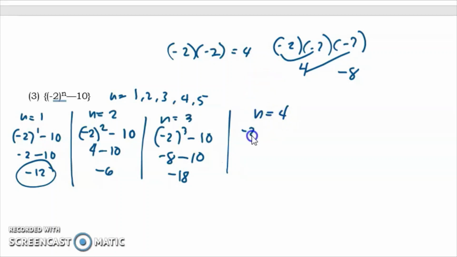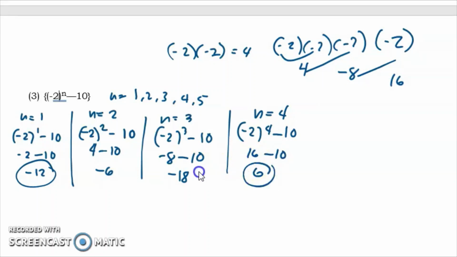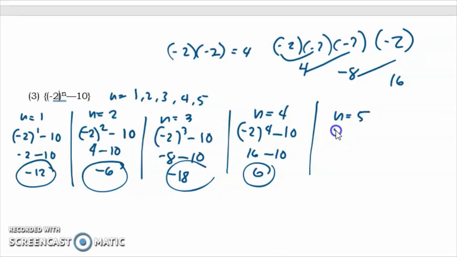Okay, now n is equal to 4. So, you will have negative 2 raised to 4 minus 10. So, dahil even to, magiging positive yung negative natin, ha? So, negative 8, duktungan na lang natin ng negative 2. So, that's positive 16. 16 minus 10, that's a 6. Okay, and then n is equal to 5. So, negative 2 raised to 5 minus 10.